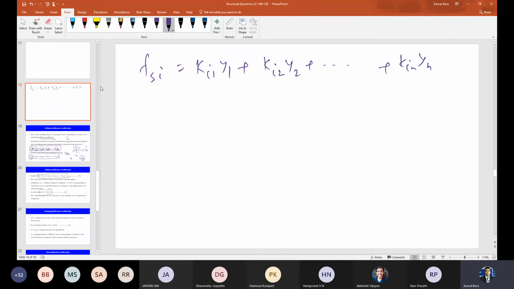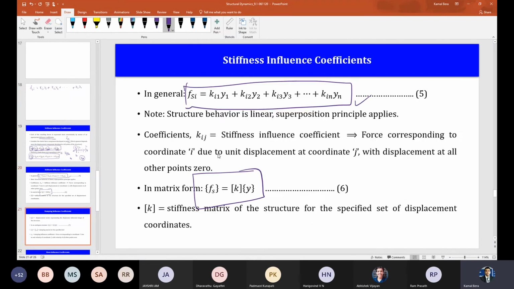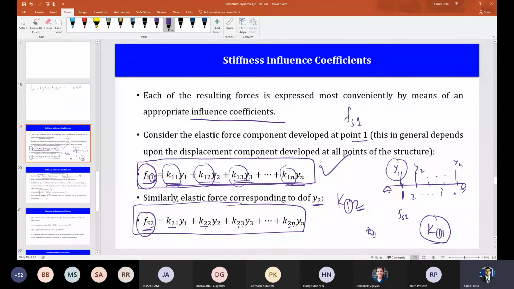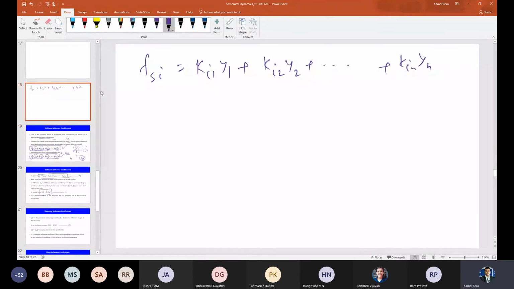This is the general expression. How am I getting it? Again repeating, this expression I can get for FS1, for FS2, similarly for FS3, and so on. These are called the stiffness influence coefficients, or simply the stiffness coefficients. So now I can get this general expression.